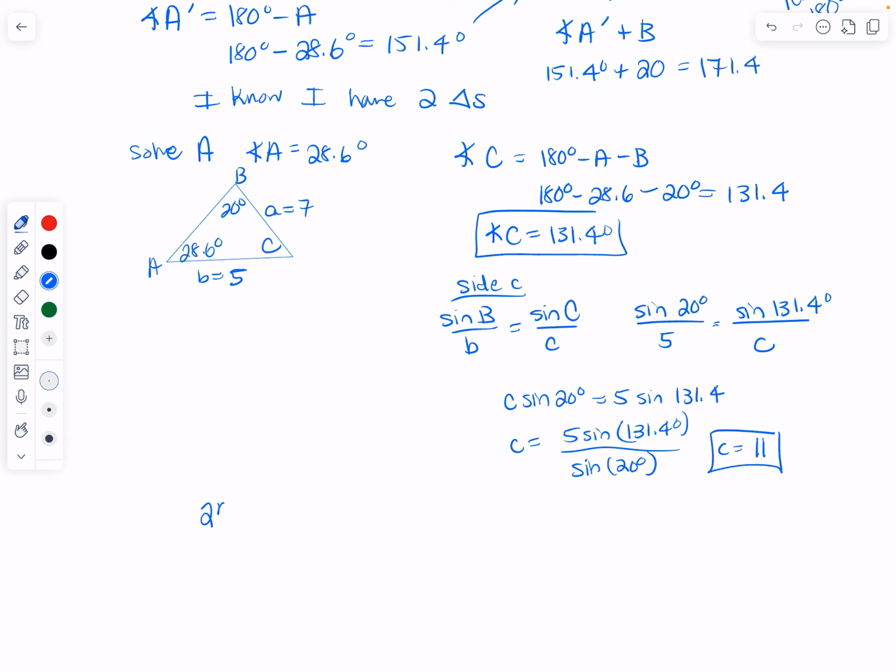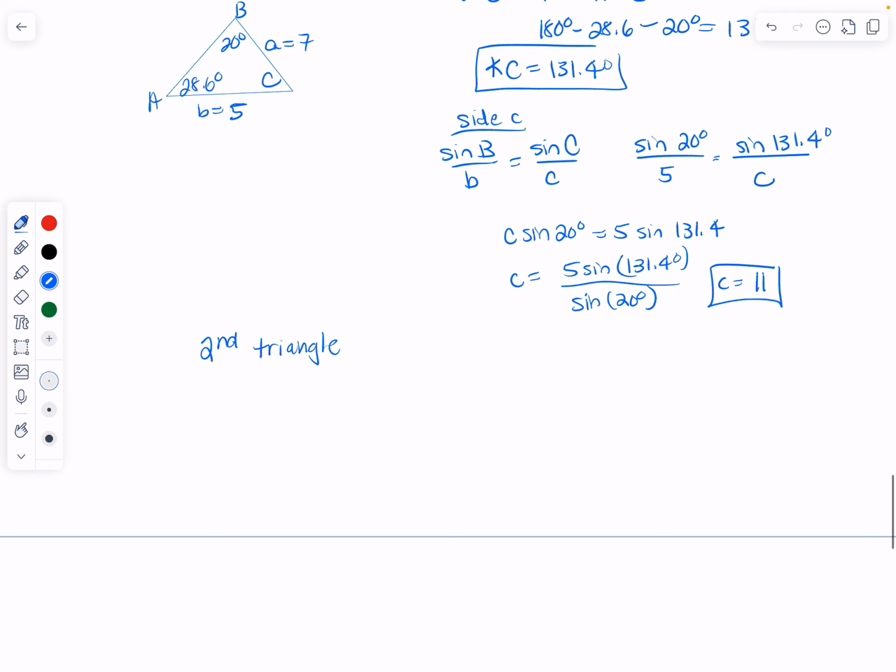So here comes the second triangle. If I draw everything out, I'm going to start with what was given initially. Again, this is not to scale. Remember, we have A prime and C prime. So B was 20, side B was 5, and A was 7.